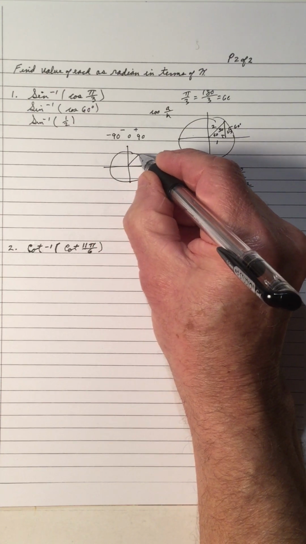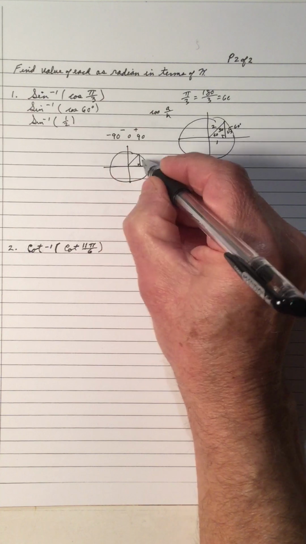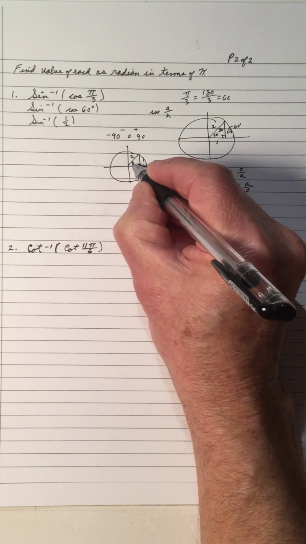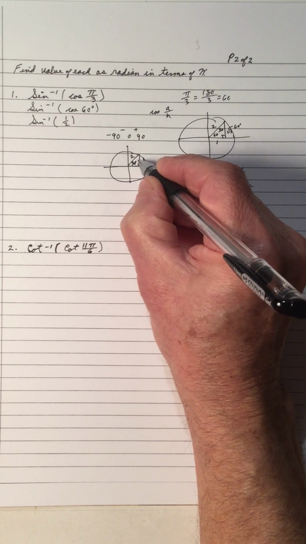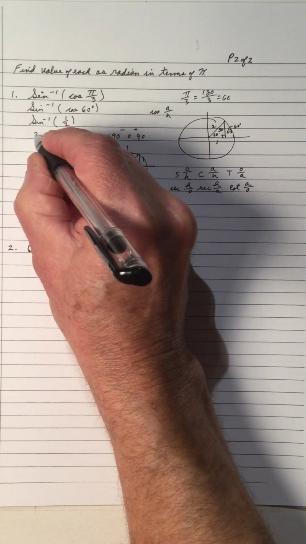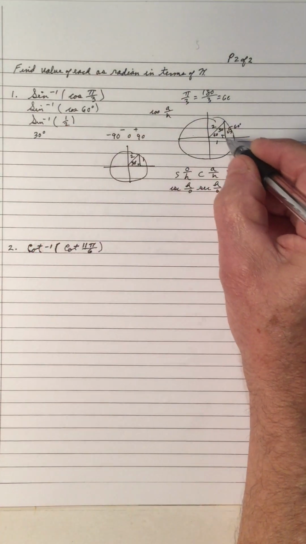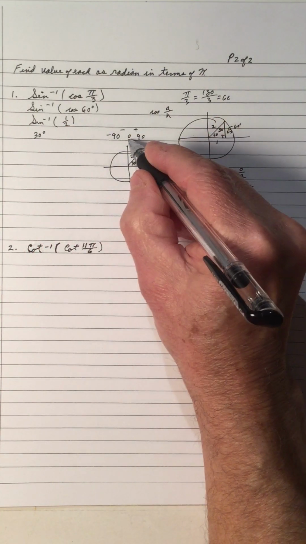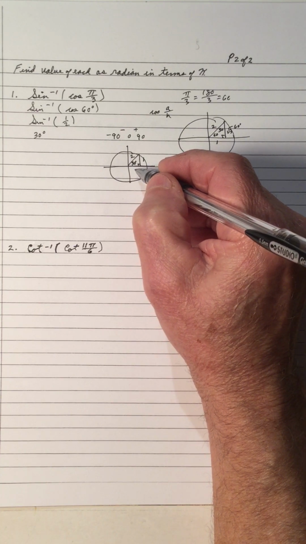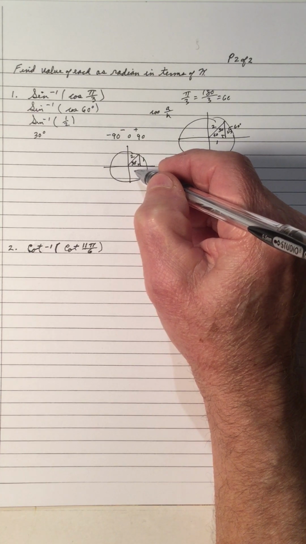Sine is opposite over hypotenuse, so that means this angle is 30 degrees. This is a 60. So the inverse sine of 1/2 is the 30-degree angle, because it has to be between 0 and 90. Check with your calculator: inverse sine of 1/2, you get 30.